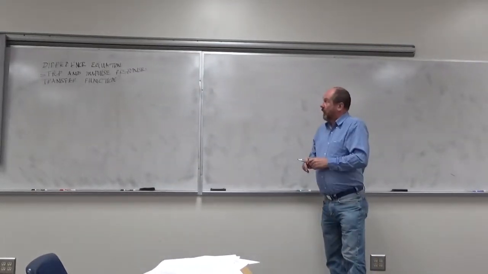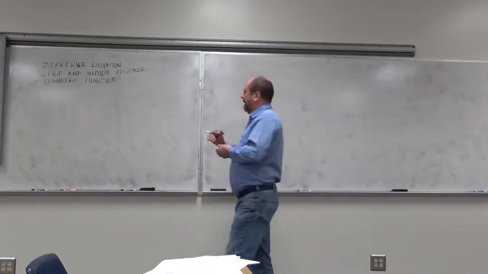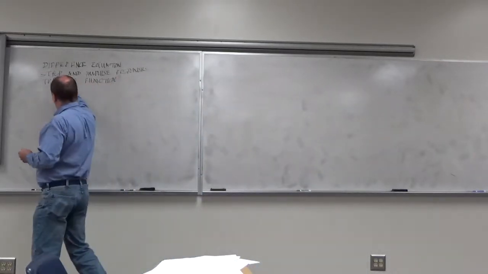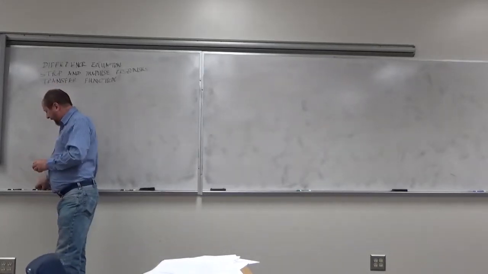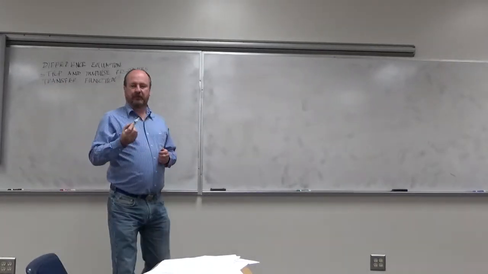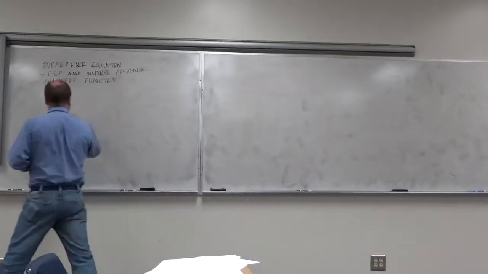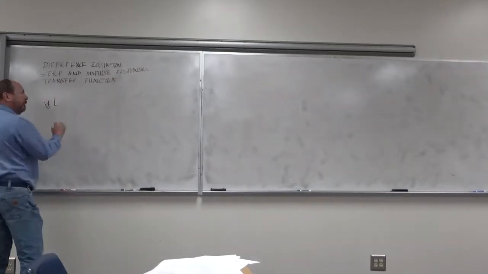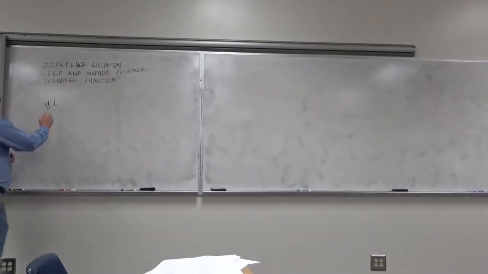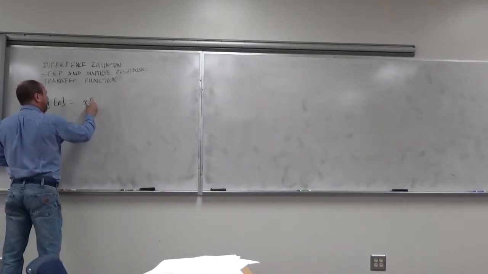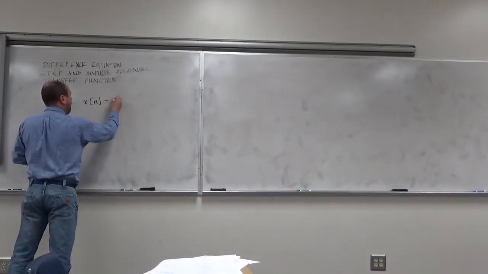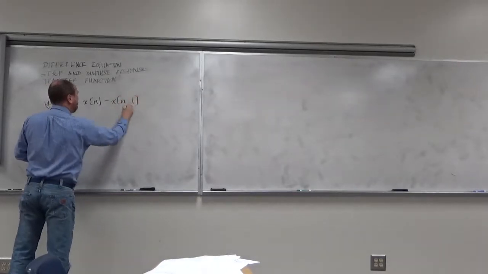Okay, so now I know what I'm starting off with is a review, pretty low-level stuff, but I want to make sure we're all on the same page. So I'm going to write a difference equation here. Actually, I'm going to write two difference equations up here. First one, y of n is x of n minus x of n minus 1.